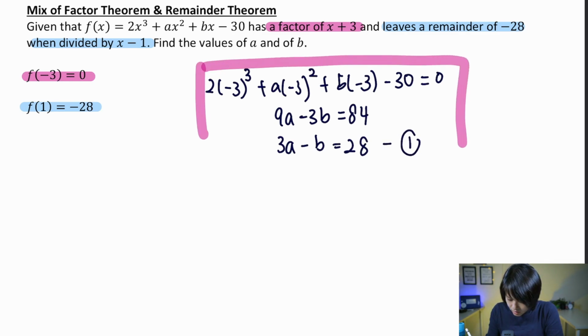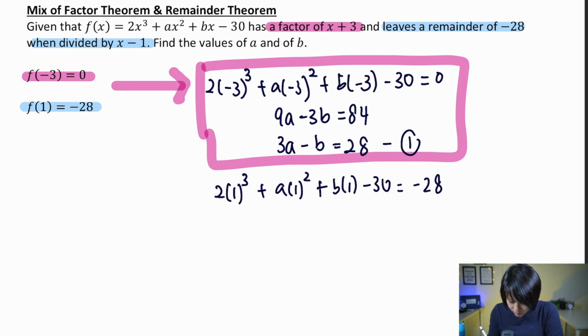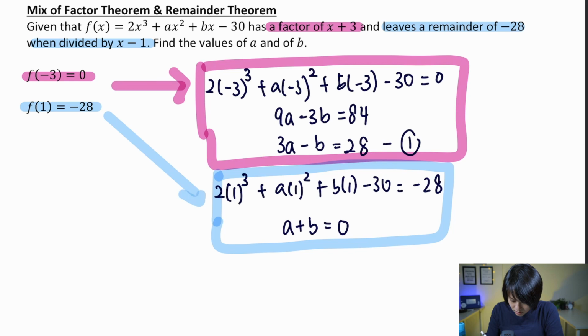So this equation comes from the first condition. Now we sub in the second equation. When we simplify, we will get a plus b equal to 0. So this equation comes from the second condition.